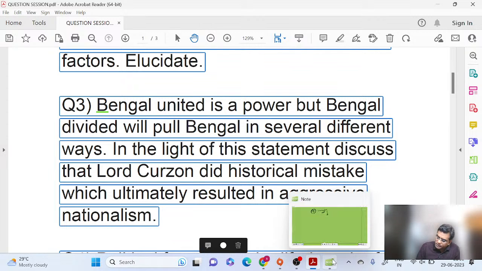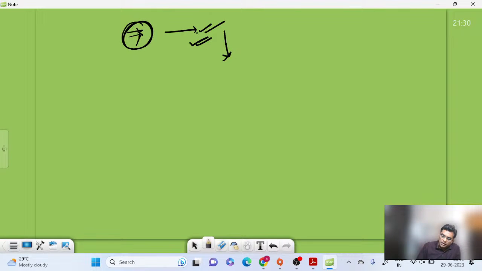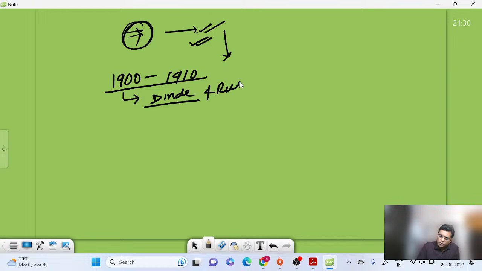So understand the theme of the question: in the first decade of the 20th century, meaning 1900 to 1910, the British followed an aggressive policy of divide and rule.